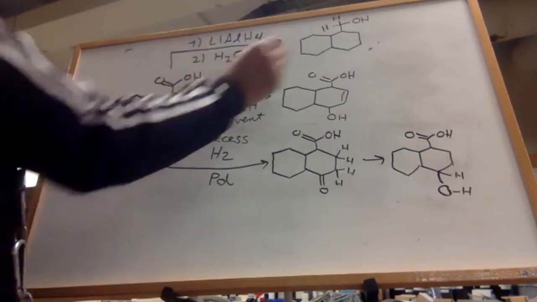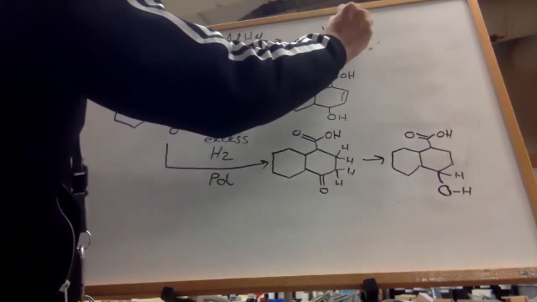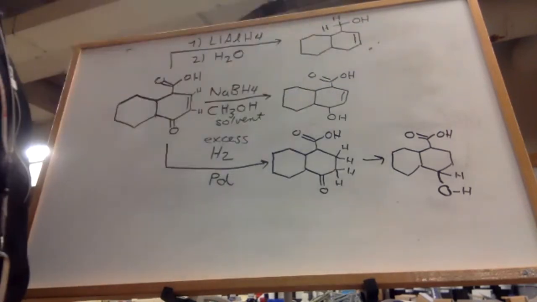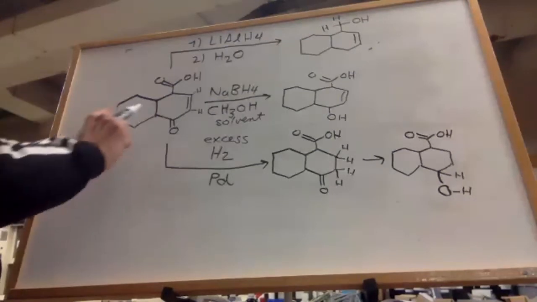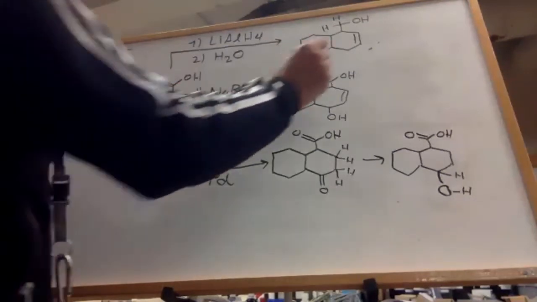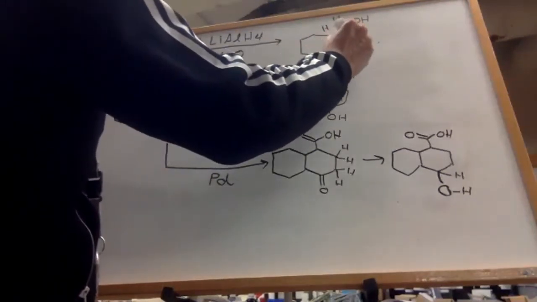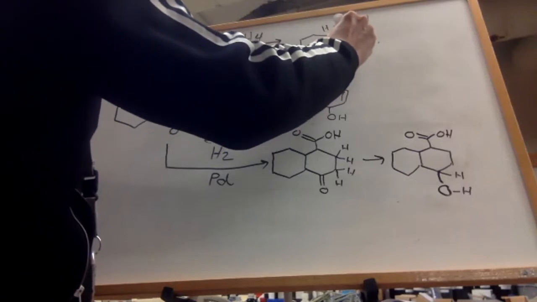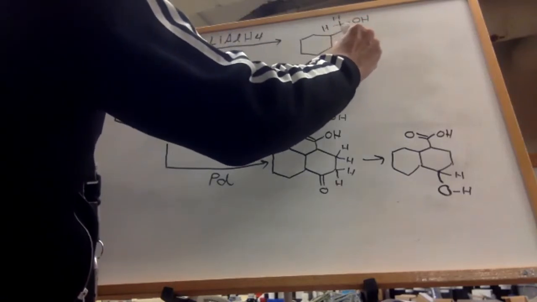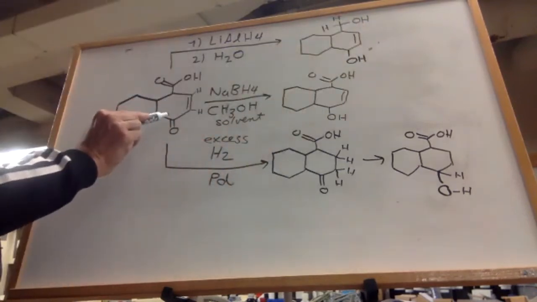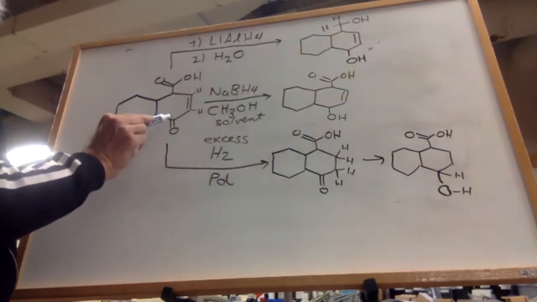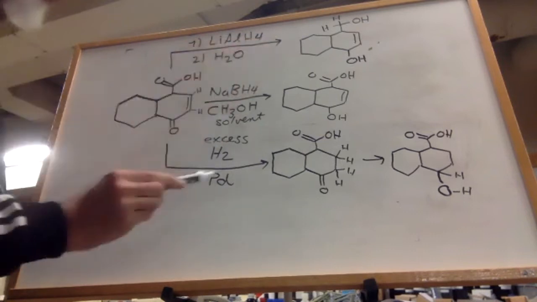Lithium aluminum hydride doesn't reduce an alkene, so the alkene just sticks around. Does lithium aluminum hydride reduce a ketone? It does. And so here we're going to get a secondary alcohol, where again, this ketone carbon gained more hydrogen.